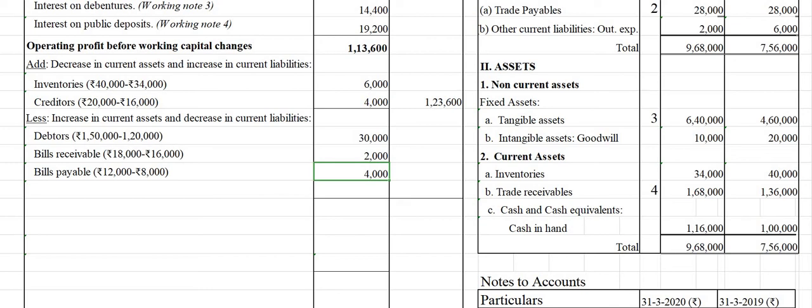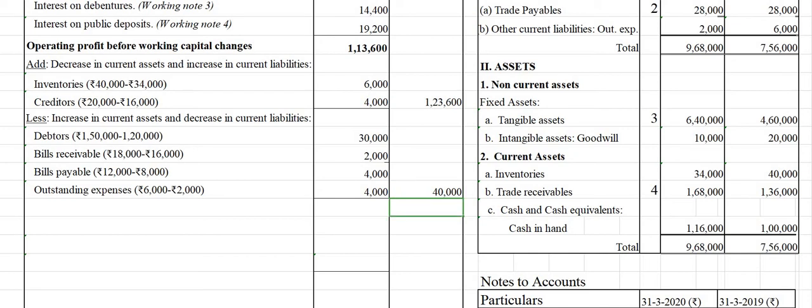Then we have in the question, see here, other current liabilities. Other current liabilities decreased from 6,000 to 2,000. That also we have to mention. Outstanding expenses, that is the other current liability here. So that is 6,000 minus 2,000, 4,000. So let us write the total in the outer column and deduct from the above.